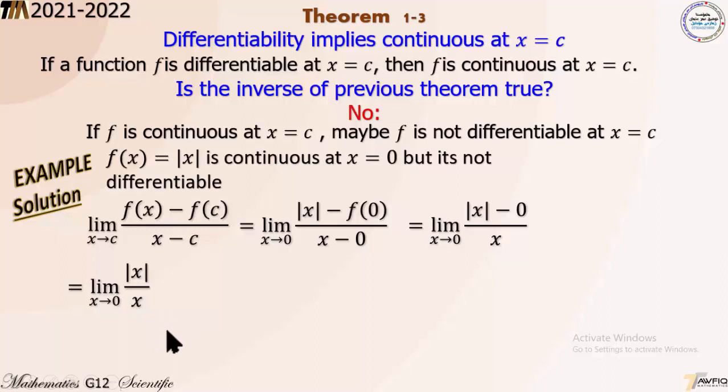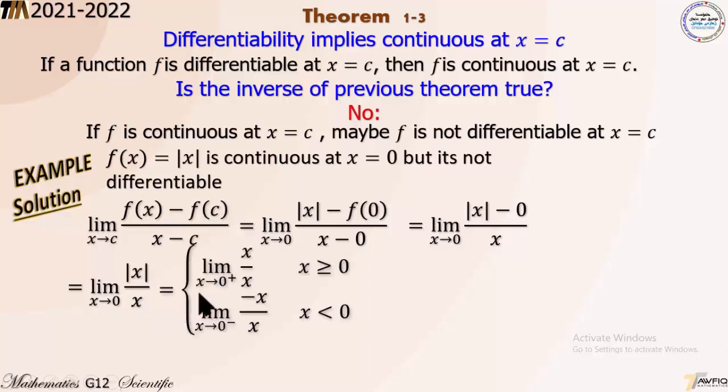To find this limit, as x approaches 0 from the right, it becomes x over x because x is bigger than or equal to 0. And the limit as x approaches 0 from the left is minus x over x because x is less than 0. x over x is 1 and minus x over x is minus 1.